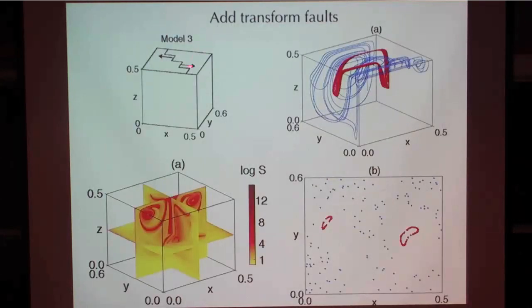Okay? So now I've added some transform faults to this. I still have only two tracers, a blue one and a red one. And their particle paths now look like this. The blue one looks very complex. The red one looks a little simpler. And the Poincare map reveals some really interesting behavior. Every time that blue particle crosses the middle, you get a dot. And every time the red particle crosses the middle, you get a dot.